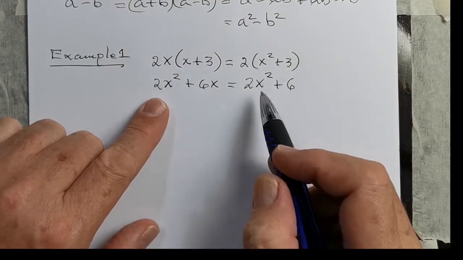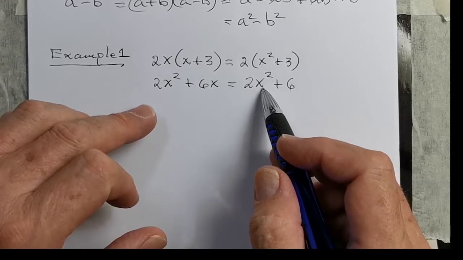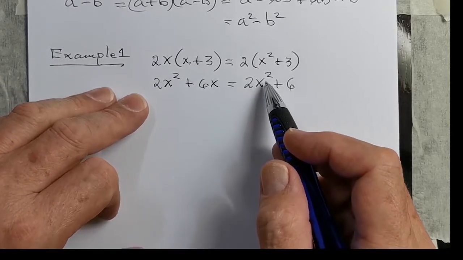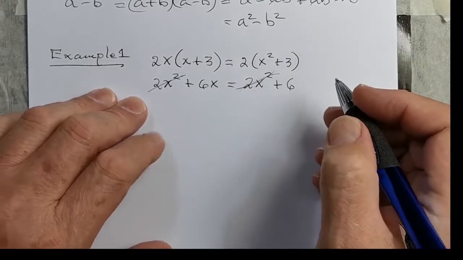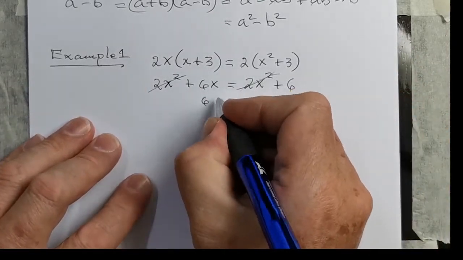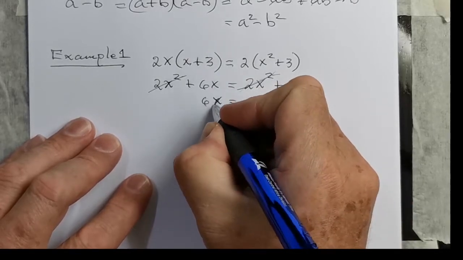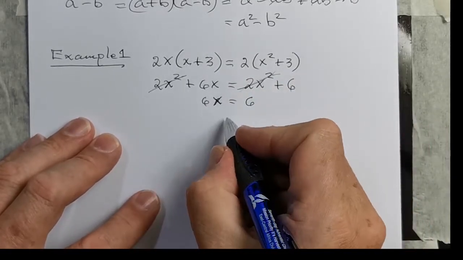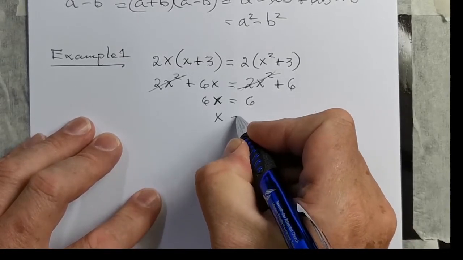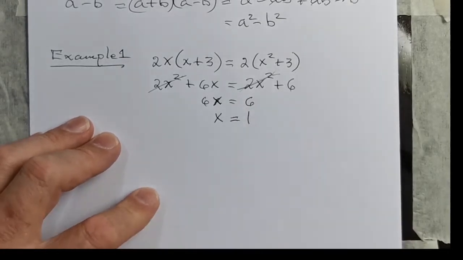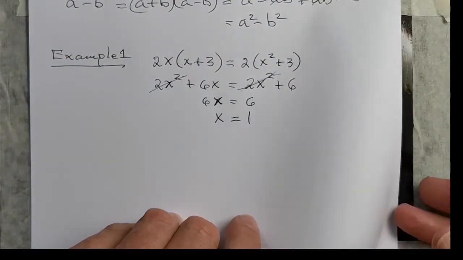If I subtract 2x squared from both the left and the right, they will cancel out. Okay? So I'm left with 6x equals 6. And of course, if you divide both sides by 6, you'll see that x equals 1. So there's your answer for example number 1.